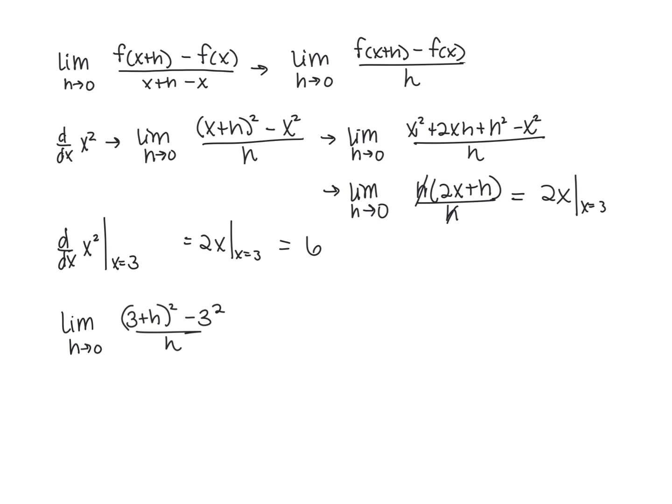That's not what it wants. What it wants me to do is to use the idea of the limit definition of a derivative and understand that what is happening here is I'm asked to take the derivative of some function squared, so like 3 squared, but I'm asked to take that derivative evaluated at 3.